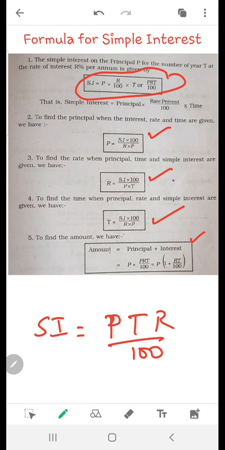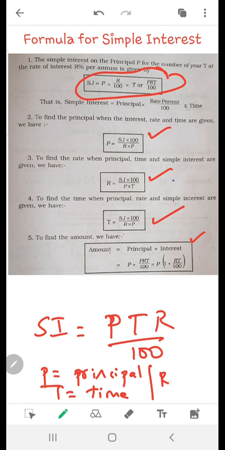If you remember only this formula, ಇದೊಂದೇ ಫಾರ್ಮುಲಾ ಜ್ಞಾಪಕ ಇಟ್ಕೊಂಡ್ರು you can easily solve all types of problems. So ಇಲ್ಲಿ ಈ ಫಾರ್ಮುಲಾದಲ್ಲಿ, P is nothing but principal, T ಒಂದು time, R ಒಂದು rate of interest. So ಒಂದು ಎಕ್ಸಾಂಪಲ್ ಜೊತೆಗೆ ನಿಮಗೆ ಎಕ್ಸ್ಪ್ಲೇನ್ ಮಾಡ್ತೇನೆ ಯಾವ ಥರ ಇರುತ್ತೆ ಅಂತ.